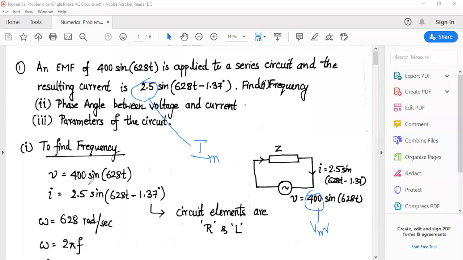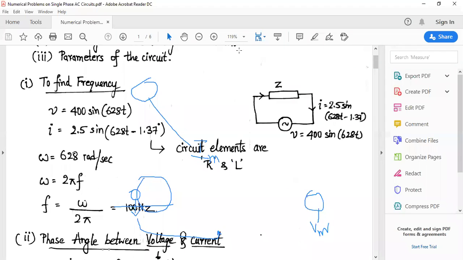So V equals Vm sine omega t, I equals Im sine omega t minus 1.37 degrees. Now what you can understand here is, if you have sine of omega t minus, you have the circuit elements as resistance and inductance.